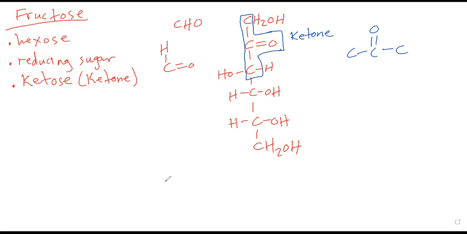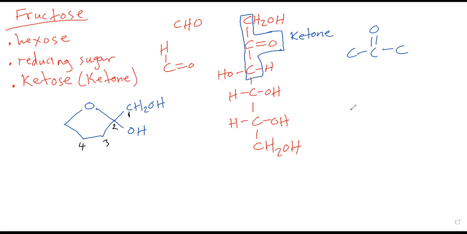Now, in terms of the ring structure, it's a little different from glucose. It's actually shaped like this. Now, this is carbon 1, this is carbon 2, this is carbon 3, this is carbon 4.